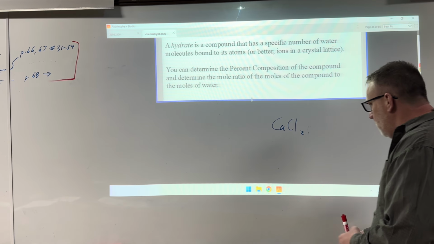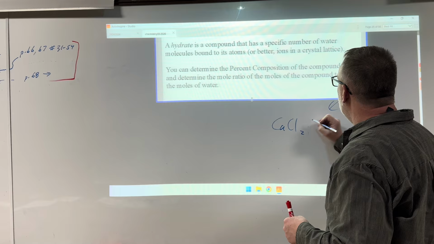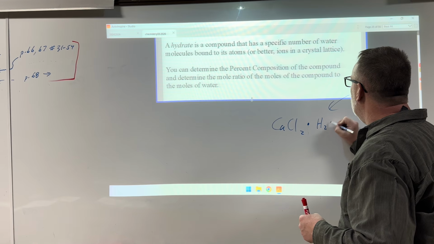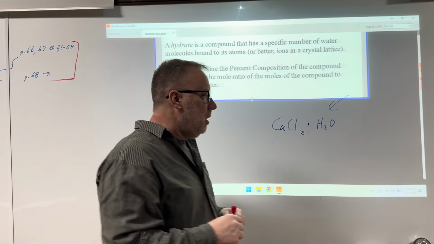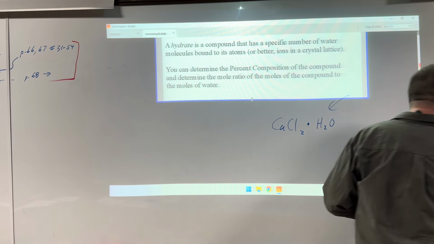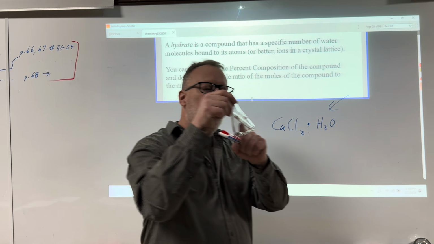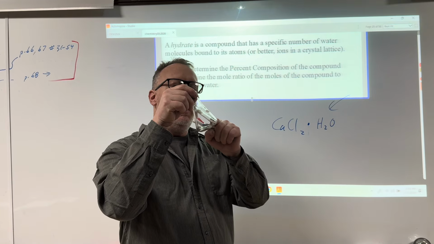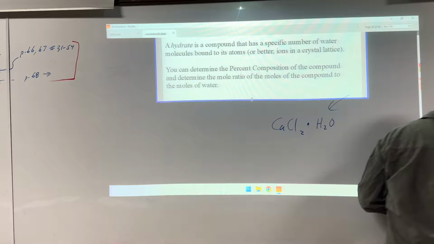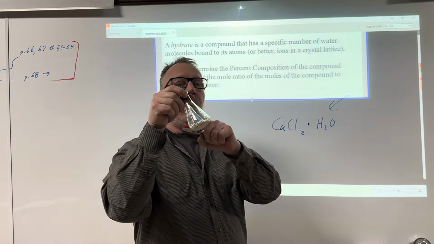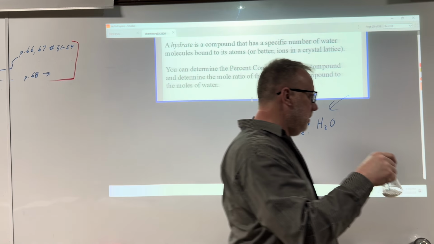It is taking water up out of that atmosphere, getting it extremely dry. And then the cobalt 2 chloride, which was moist and hydrated and pink, is giving up its water and becoming dehydrated, and it turns a different color.